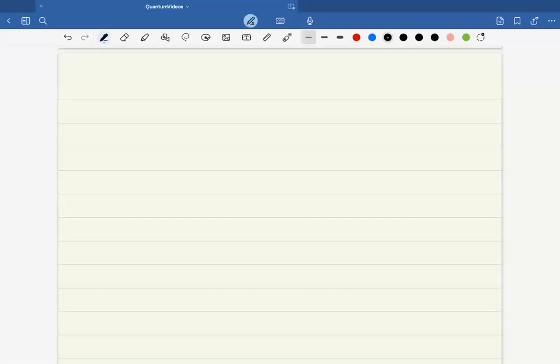Now, how do we compute this? We need the inner products of ket 1 with alpha 1 and of ket 1 with alpha 2. That we can find from these two equations. So ket 1 alpha 1, for example, will be minus i over square root of 2, and ket 1 alpha 2 will be i over square root of 2.